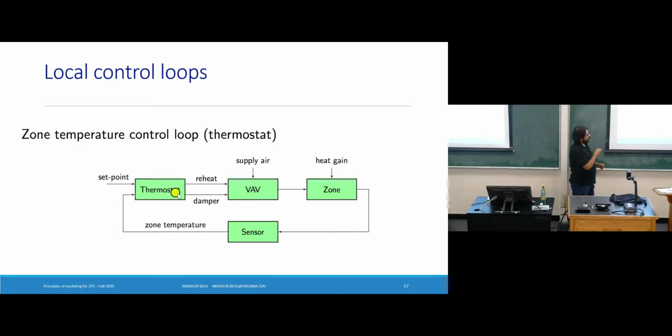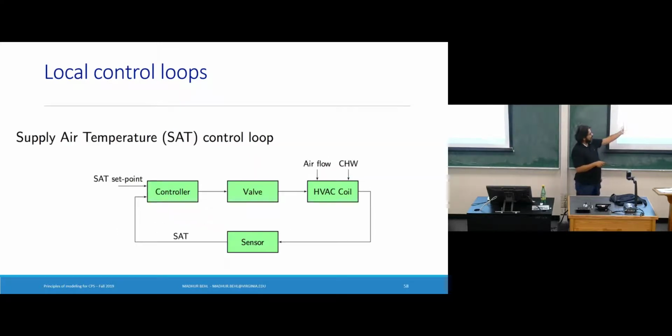Based on the mismatch, it uses PID to either open dampers or send a reheat signal to this VAV box, and out comes the air at a temperature which we think will get us closer to this mismatch. So this is happening at the room level. The same thing is happening at the AHU, air handling level, where you have a supply air temperature, SAT, at 55. But we look at the current supply air temperature that may be higher or lower. And so we can increase the flow or increase this chilled water through the heat exchanger as well.